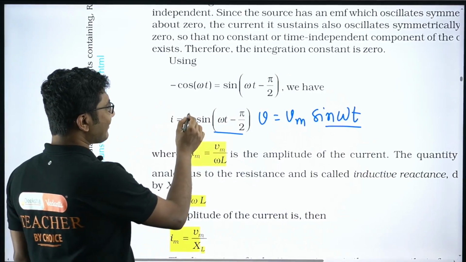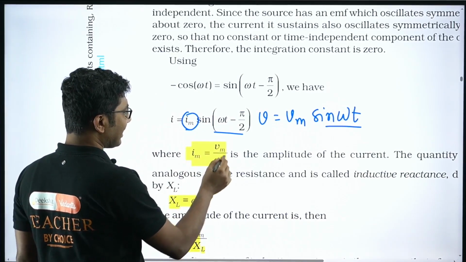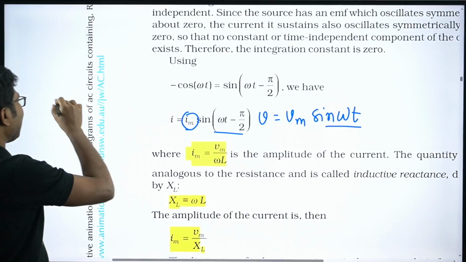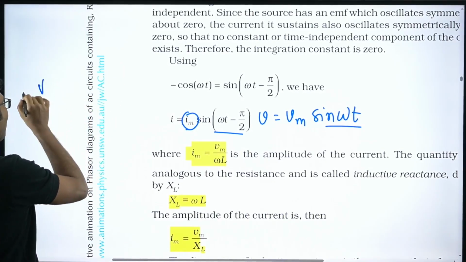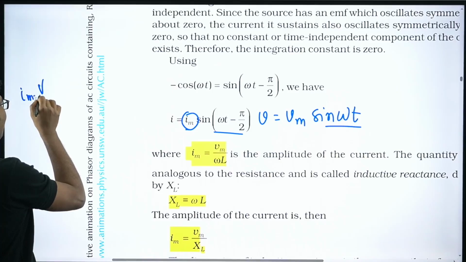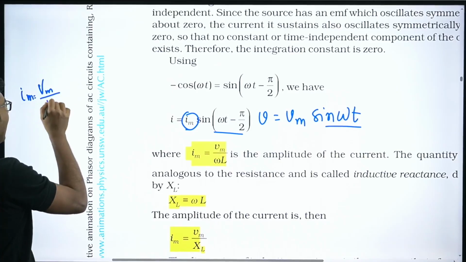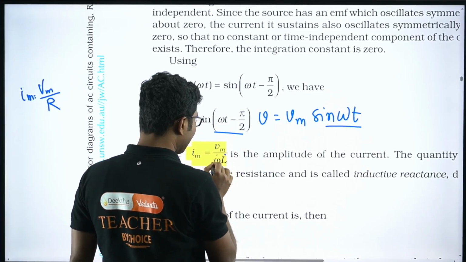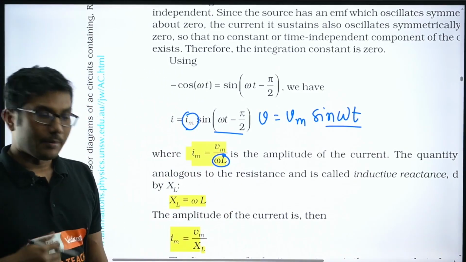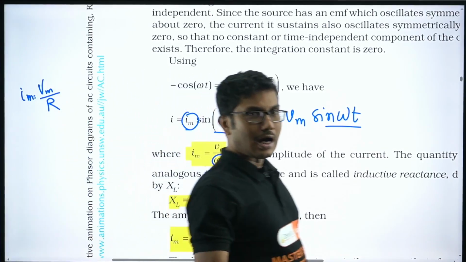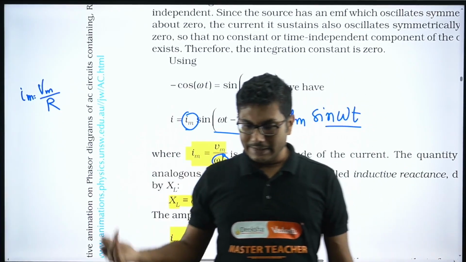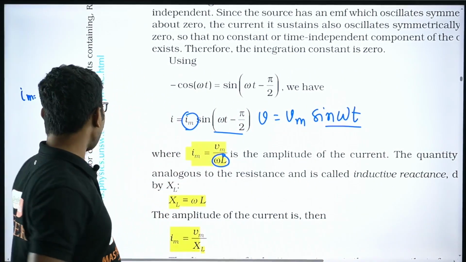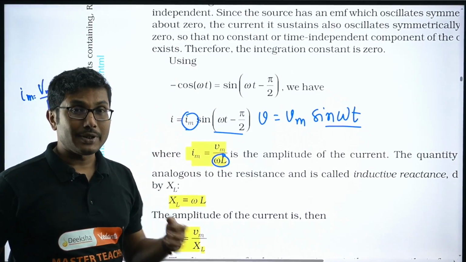Also here that value Im is turning out to be Vm by omega L. If you remember, in our resistance case Im was Vm by R, right? Now here, instead of R, this quantity omega L is behaving as R. So when an inductor is connected with an AC circuit, this omega L is behaving like resistance.